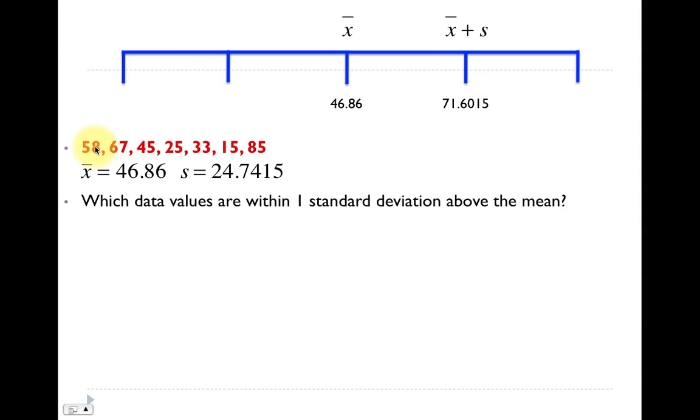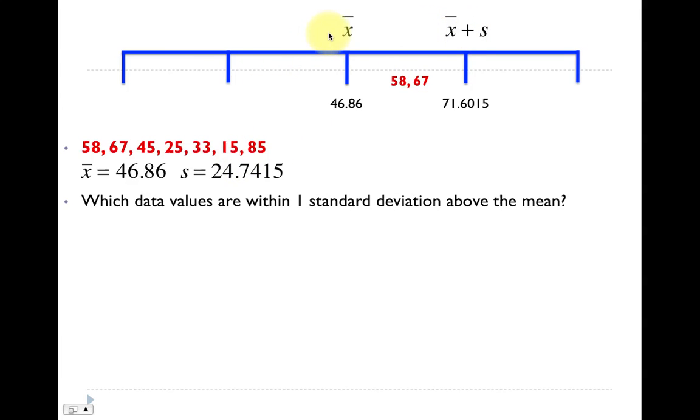So 58 does, 67 does, that's it. 58 and 67 are the two data values that fall between 46.86 and 71.6015. So that's between the mean and one standard deviation above the mean.